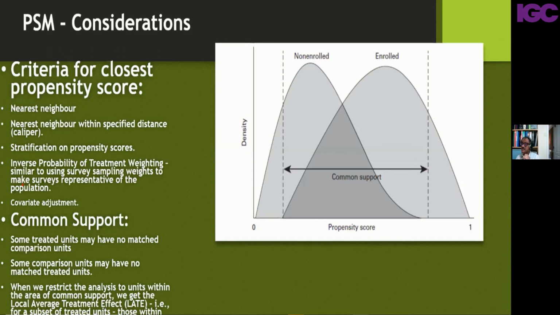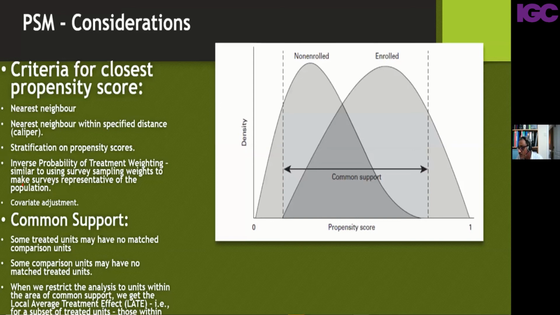Then there are certain other methods which are known as the kernel probability methods. What these methods do is they have a system of weighting. It is called the inverse probability of treatment weighting. What it essentially does is something similar to the way we use weights in survey sampling.